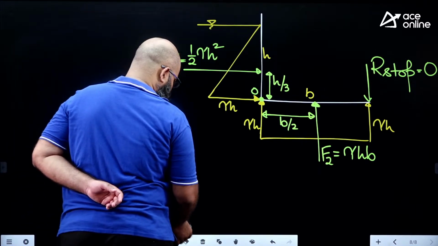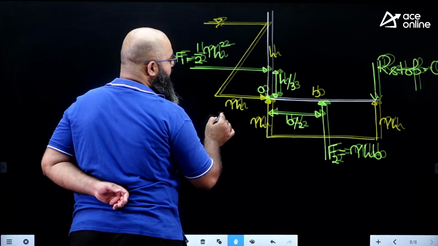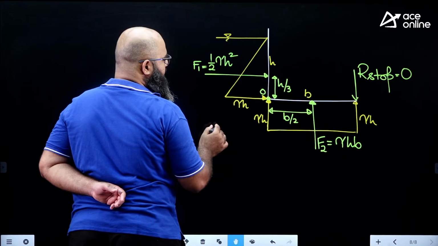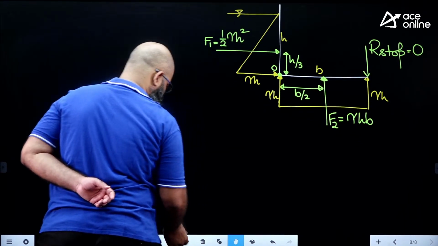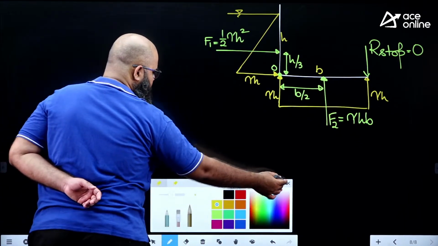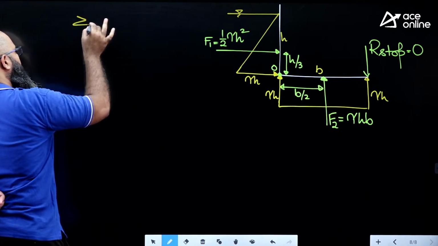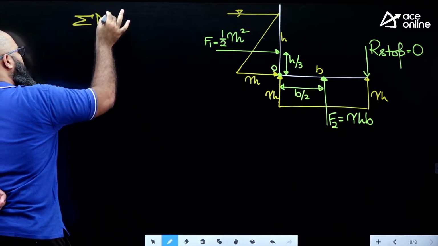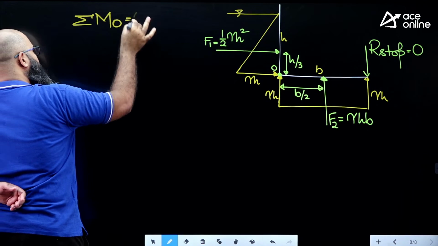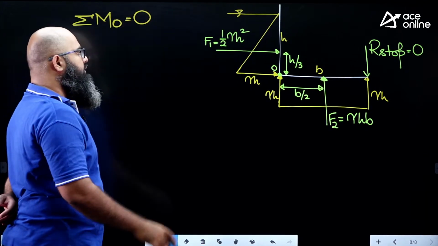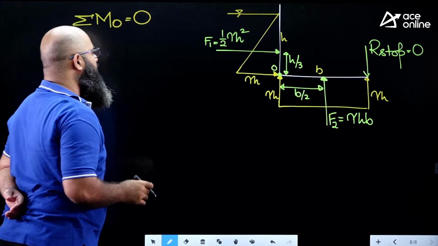Now again I can write a similar kind of equation to what I had some time back. I can write an equation saying summation of moment about point O is supposed to be equal to 0. Therefore, the clockwise moment is supposed to equal the anti-clockwise moment.